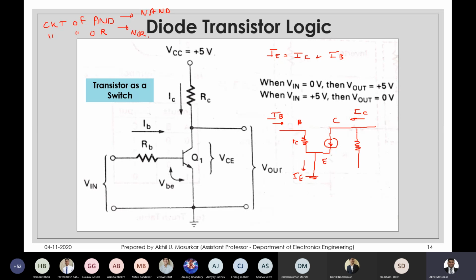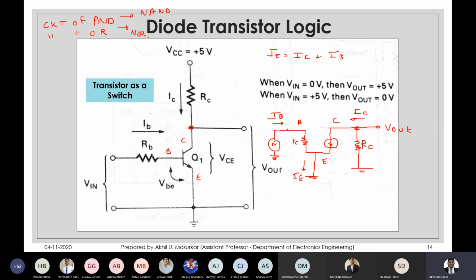So that gets satisfied. The resistance RC is connected between the collector and VCC, but AC-wise VCC is considered as ground. This is your V out, and this is going to be your V in.